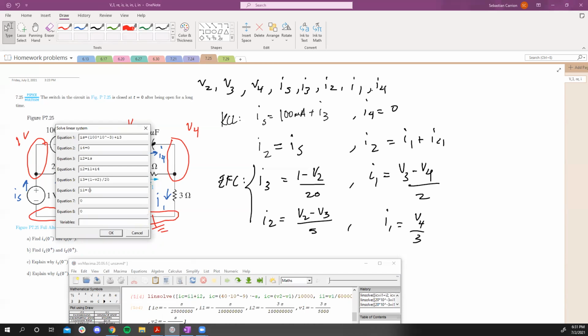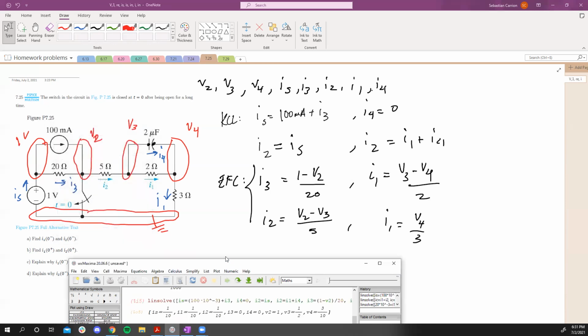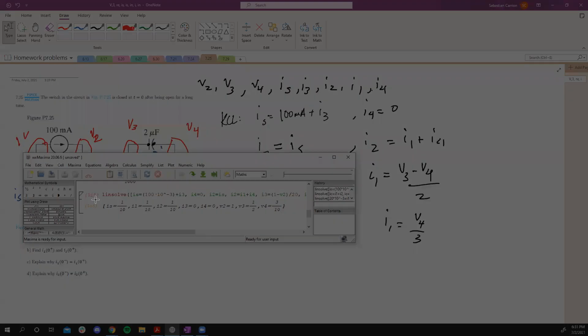I1 equals V3 minus V4 over 2. I2 equals V2 minus V3 over 5. I1 equals V4 over 3. Cool, all right, so these are going to be our values.